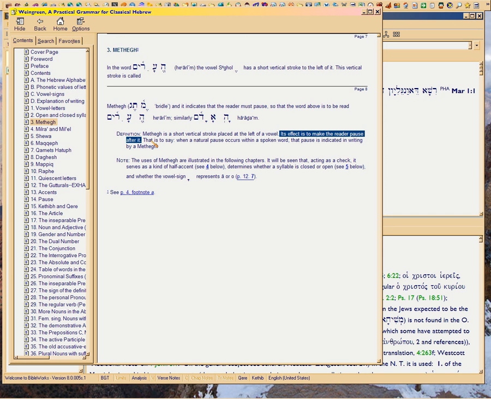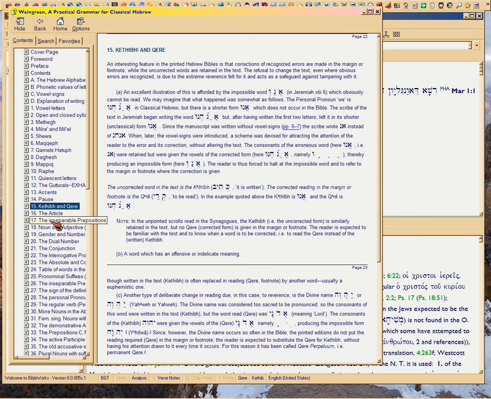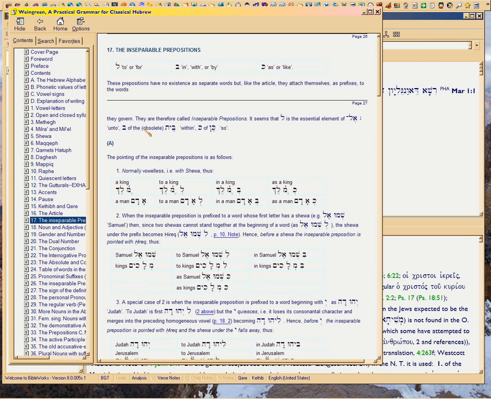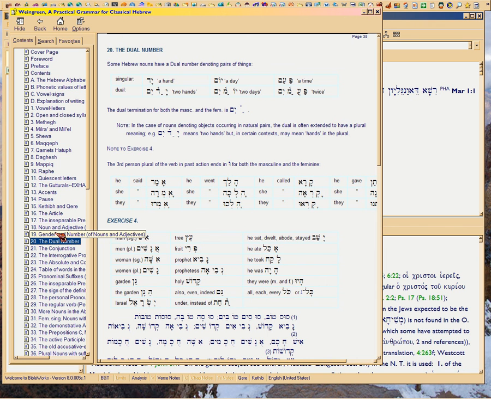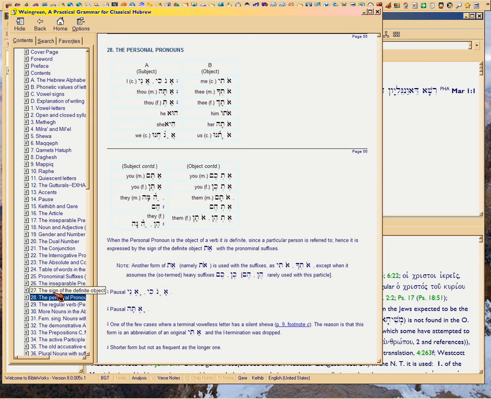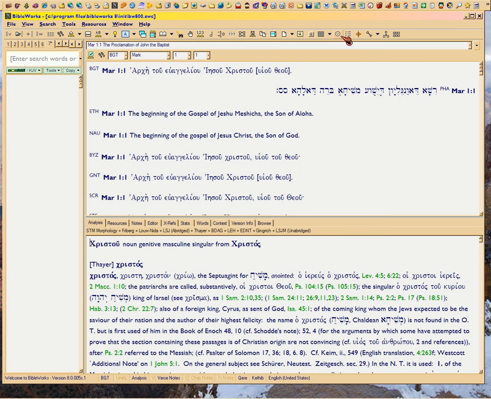That's why I would recommend buying Weingreen, because he goes through it in some kind of a logical order, and he's giving you the Hebrew titles for things. But you'll have to know those titles anyway. And you get all these little exercises. This is a really cool book. So I would get him, and I would get a hardback of Gesenius as well.